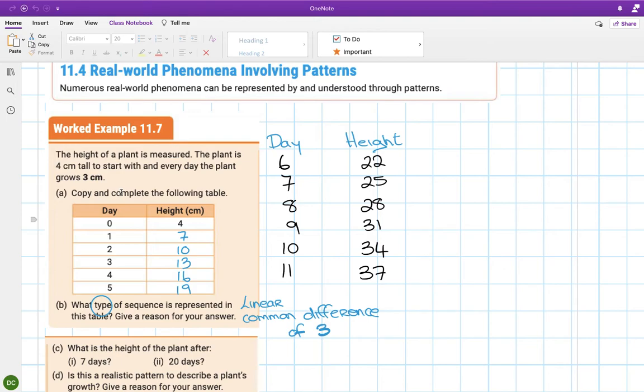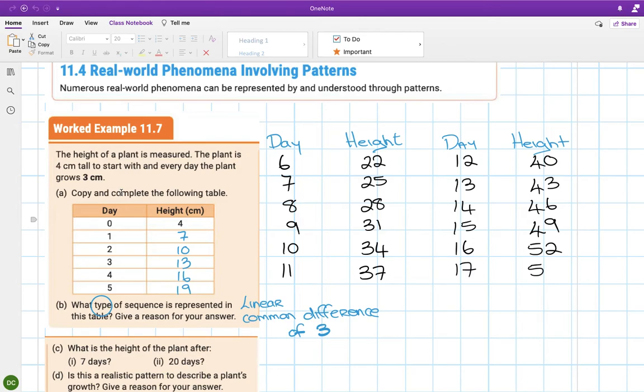Okay, we'll keep going. 12 days, 40. 13 days, 43. 14 days, 46. 15 days, 49. 16 days, 52. 17 days, 55. 18 days, 58. 19 days, 61. And 20 days, 64.